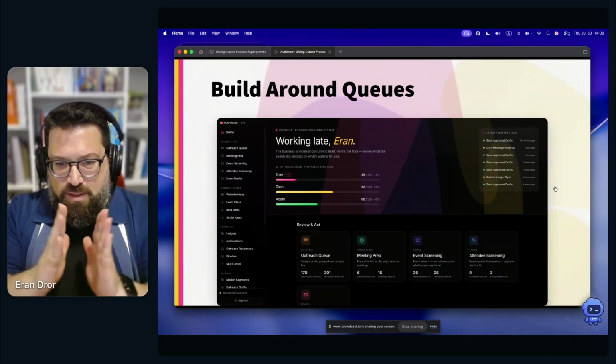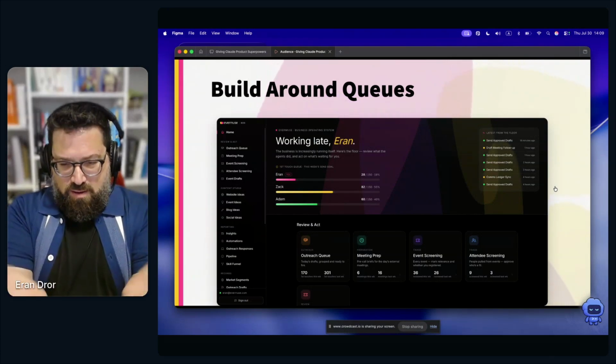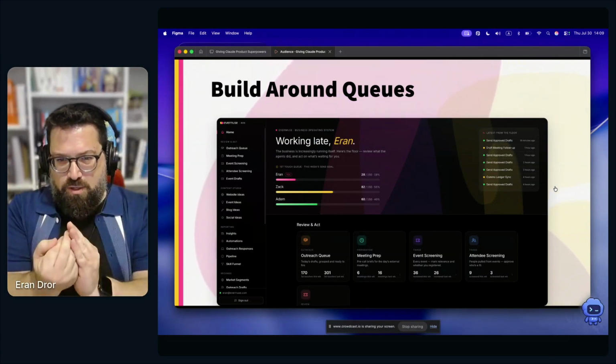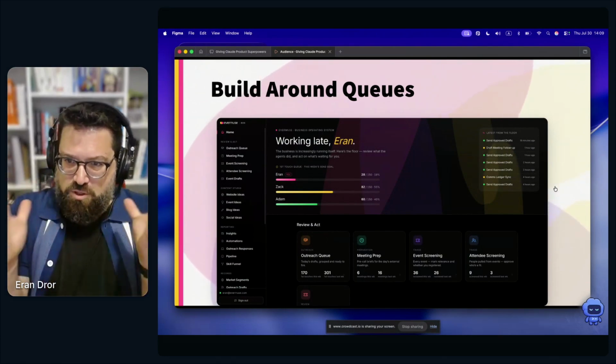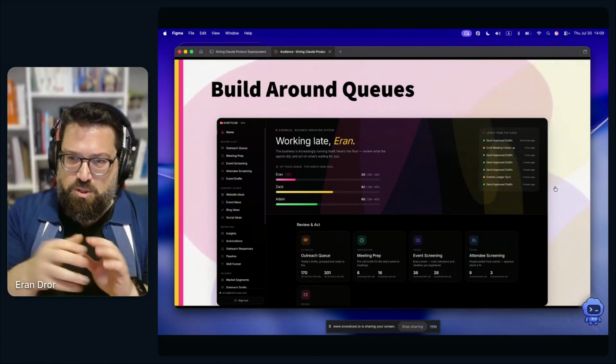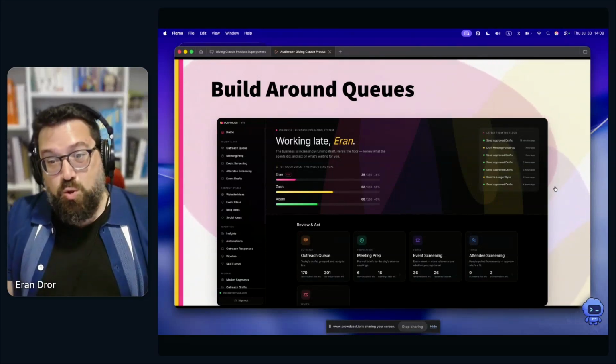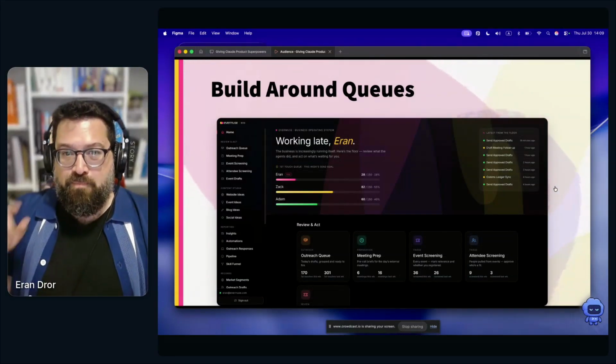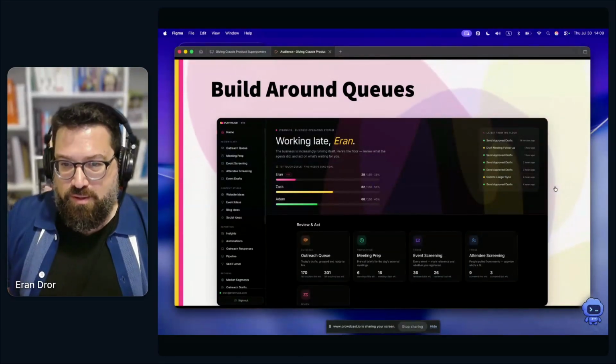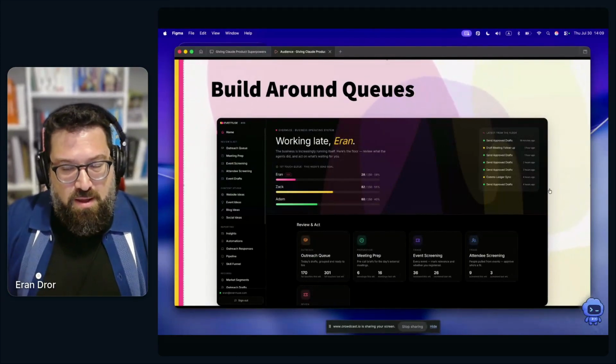As much as you can isolate that moment of, okay, the agent did all the prep work, you have all the information, you consider, you think, you make a decision, and then an agent is going to go and do the follow-up work. That, I think, is the future for the next 5 to 10 years.